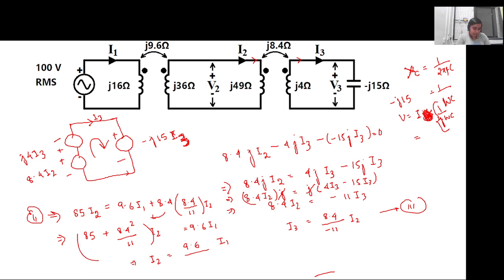Ma'am, it's minus 8.4 square by 11. No, this is minus 11, right? So we have substituted I3. So it is 8.4 by minus 11. When we take this particular term to the other side, we have to take it to the left hand side, right? So it becomes plus, right?